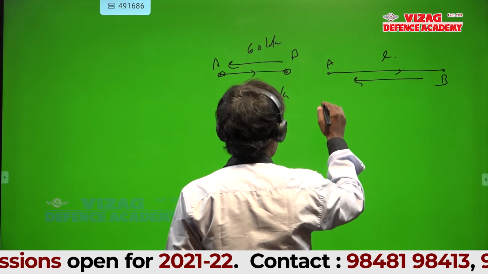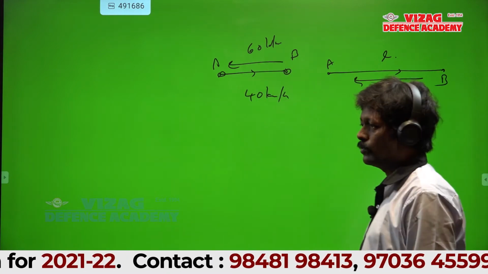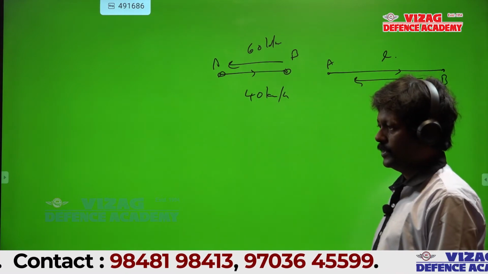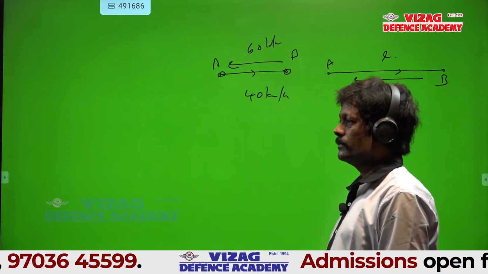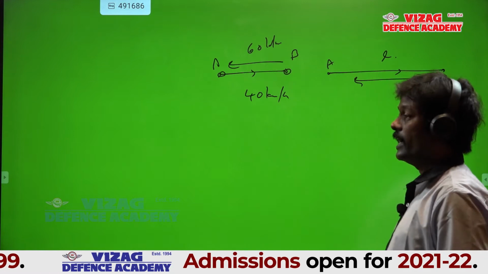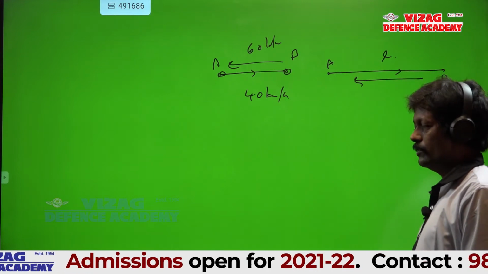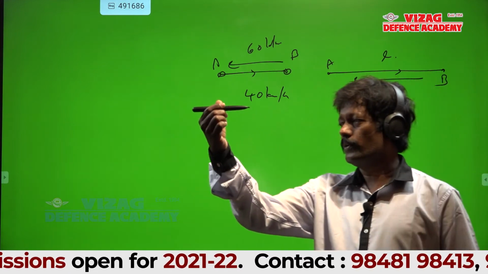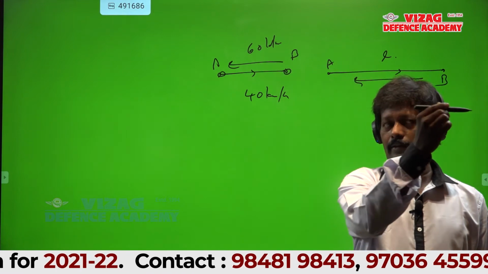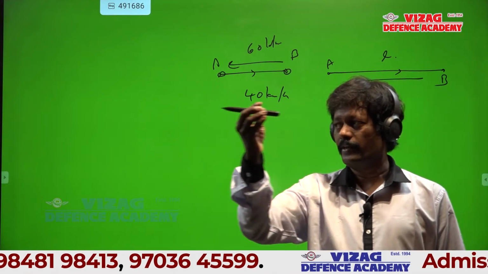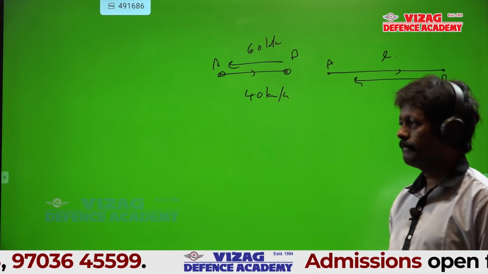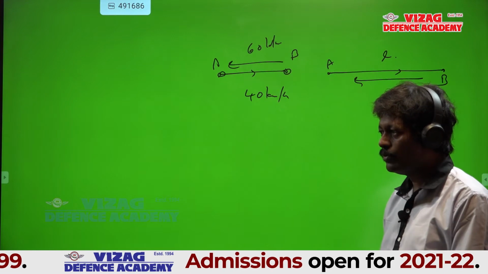Average velocity means total displacement by total time. Now all of you listen. I want average velocity. If I go from A to B, then from B to A, what is my displacement? 0.